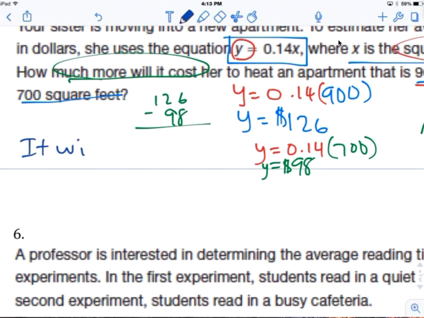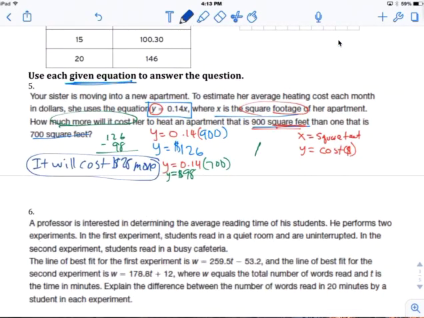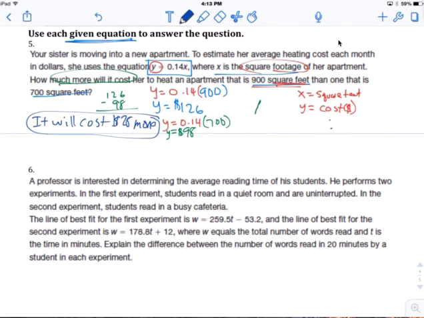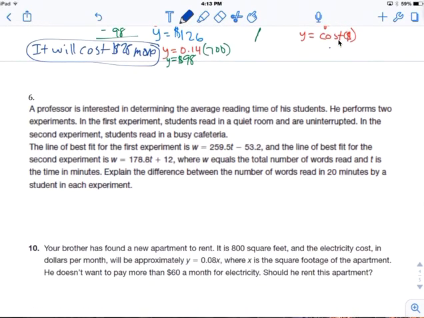It will cost $28 more. Okay, that's how you do that.